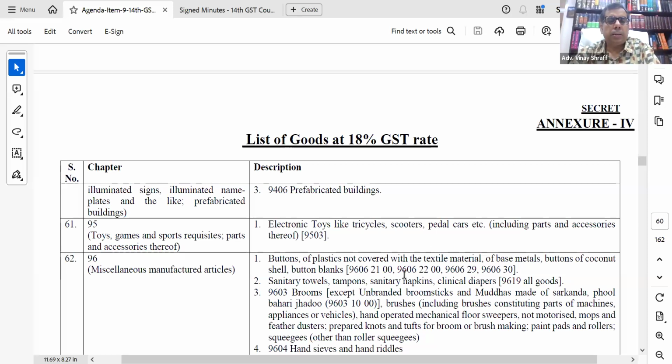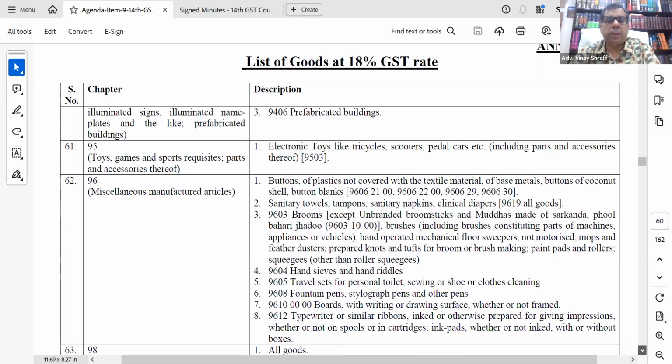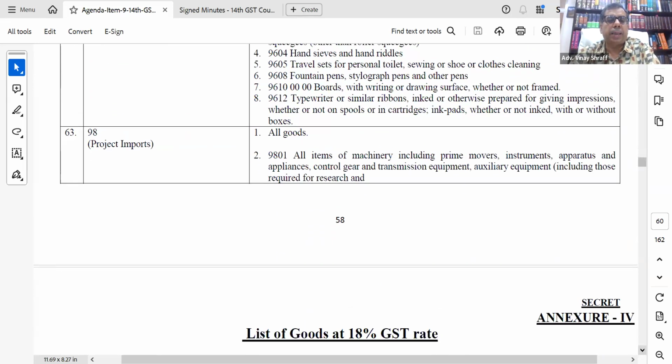I'll just show you a few last pages of the schedule list of goods which were in fact recommended by the fitment committee to the 14th GST Council meeting just now. So as you can see, chapter number 95, electronic toys, 96, miscellaneous manufactured articles, 98, project imports.